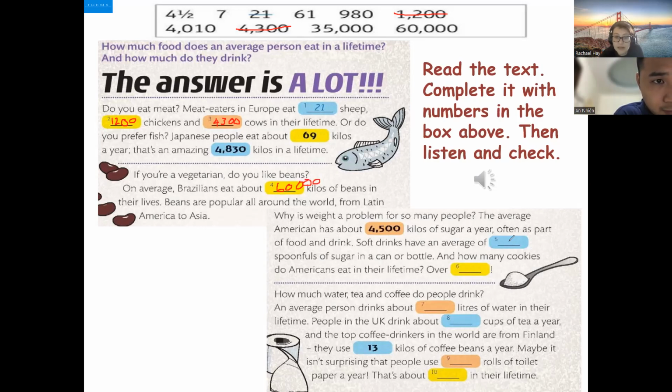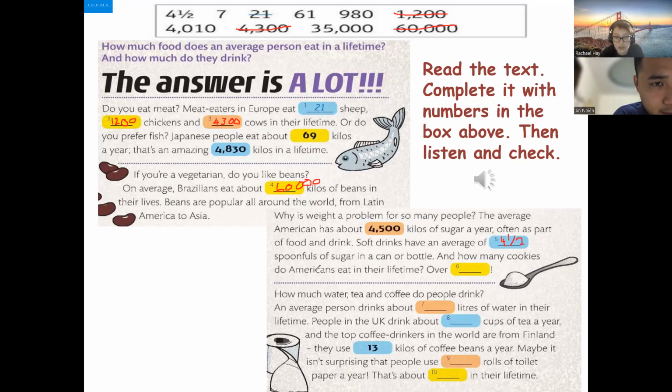How many spoonfuls of sugar do you think is in a soft drink? Four and a half. Okay, 4.5.